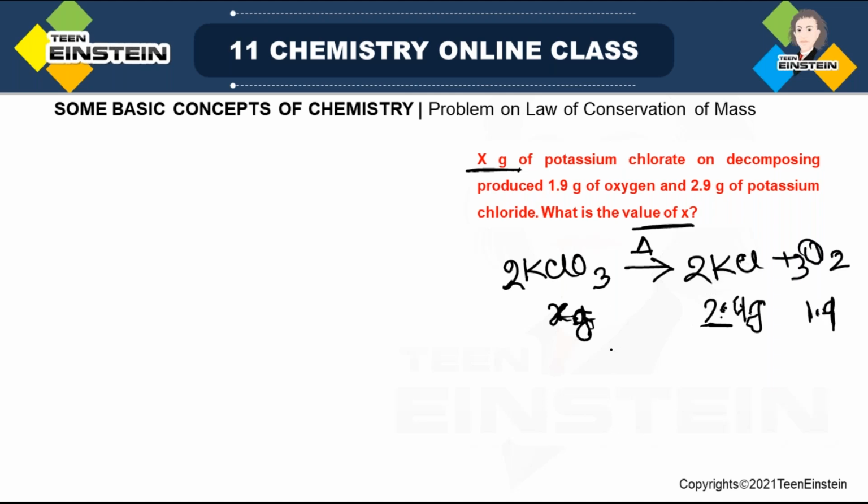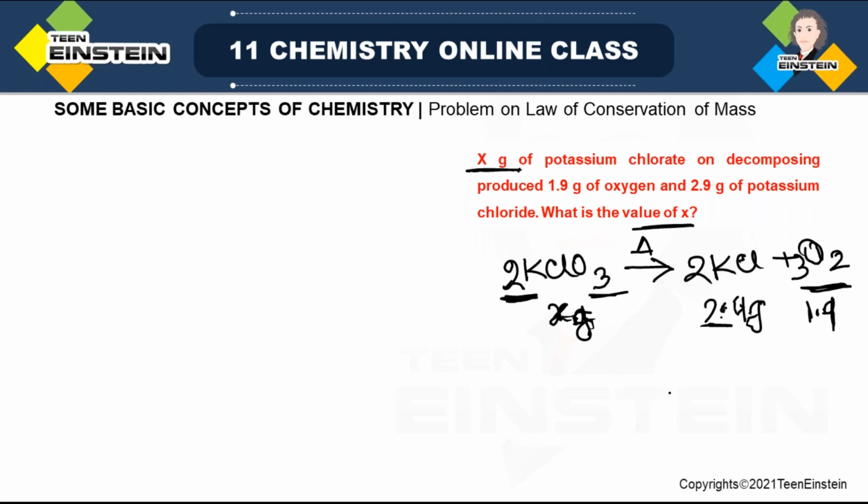As we know, before and after the reaction mass is the same, and it is a balanced equation. That is, the number of all the atoms, potassium, chlorine, oxygen, before and after the reaction is the same. See, 2 potassium, after reaction 2 potassium; 2 chlorine, after reaction 2 chlorine; here we have 6 oxygen atoms, after reaction also 6 oxygen. So it is balanced on both sides.